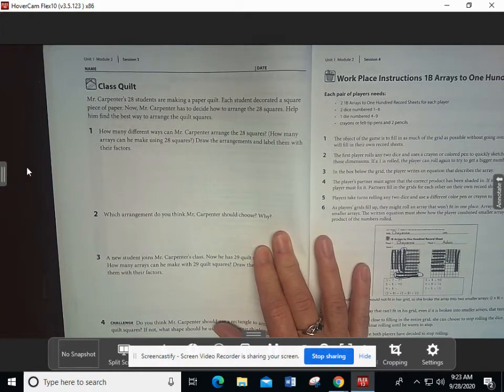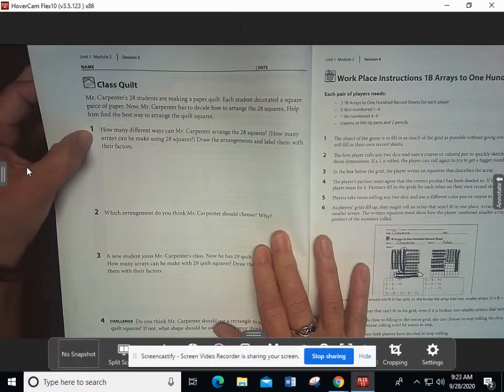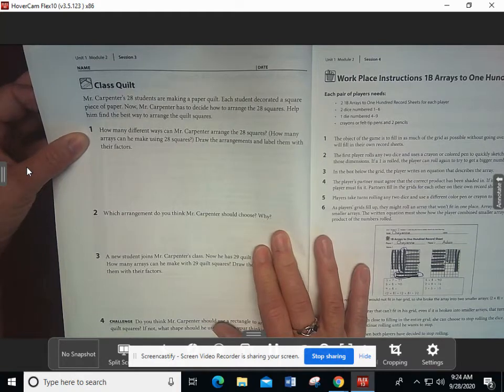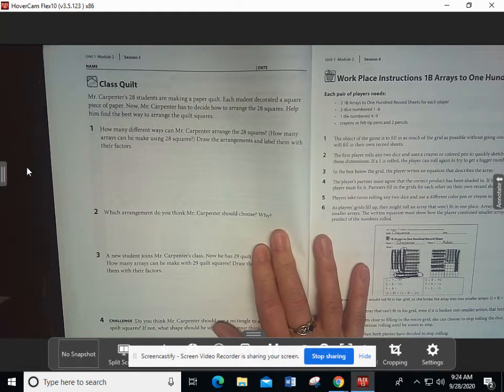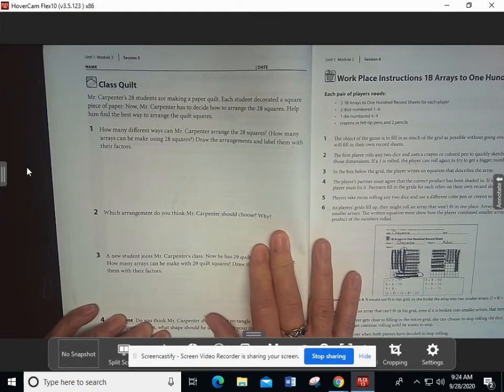Now, Mr. Carpenter has to decide how to arrange the 28 squares. Help him find the best way to arrange the 28 quilt squares. So what we're going to look for, how many different ways can Mr. Carpenter arrange the 28 squares? In other words, how many arrays can he make? And then you're going to draw the arrangements and label them with their factors.